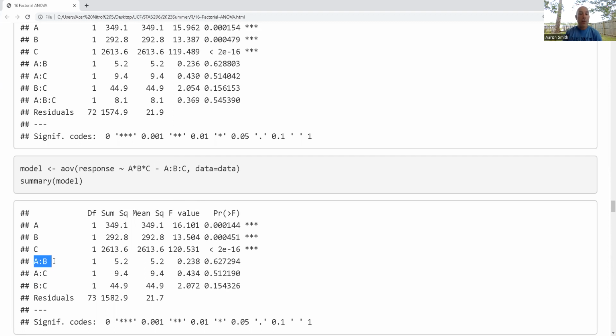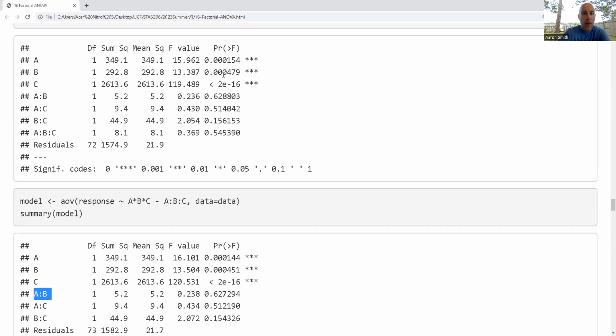Notice that I haven't even looked at main effects yet. I want you to notice that the numbers here did change when I did this. That's important. You'll notice that they didn't shift a heck of a lot. If I have multicollinearity, by removing a variable, I can have big shifts.